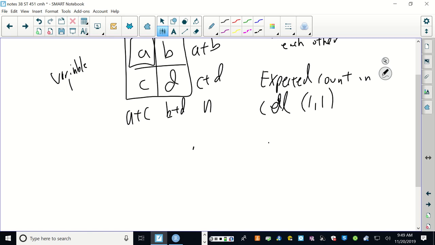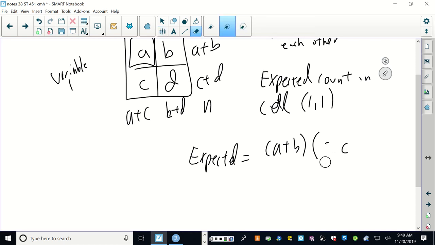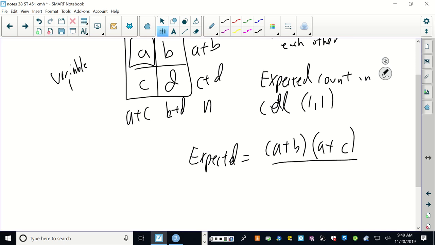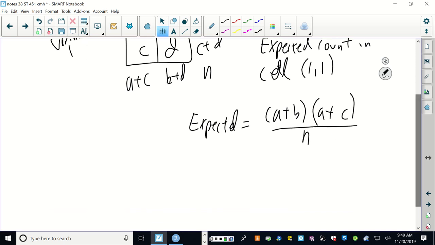So the expected number is A plus B times A plus C over N. And why do we have that?